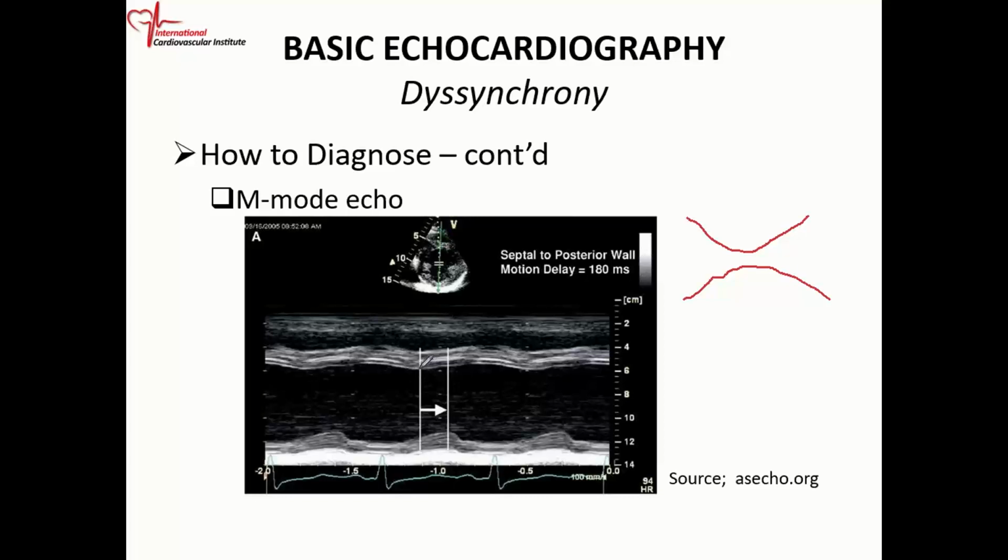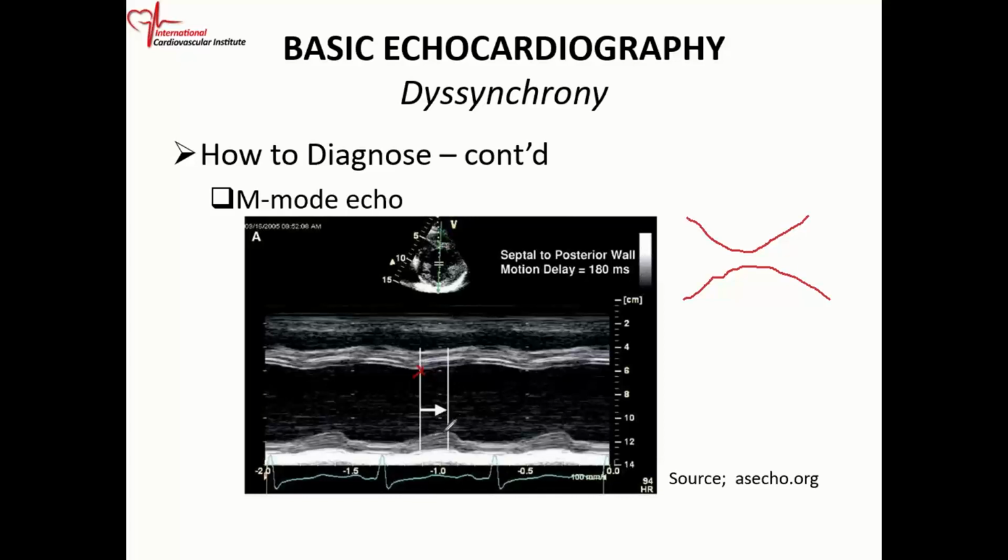So this is the maximum descent of the septum. And then this is your posterior wall. The posterior wall in systole should move up towards the septum. So it's moving up, moving up.